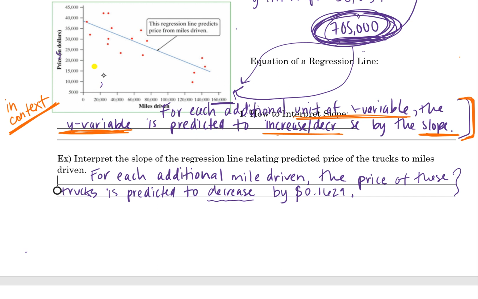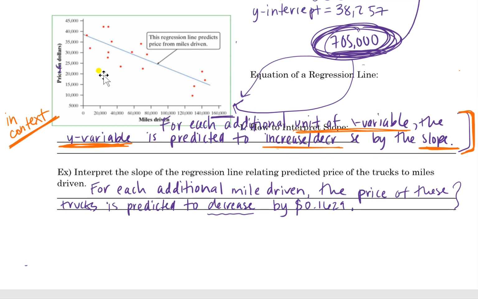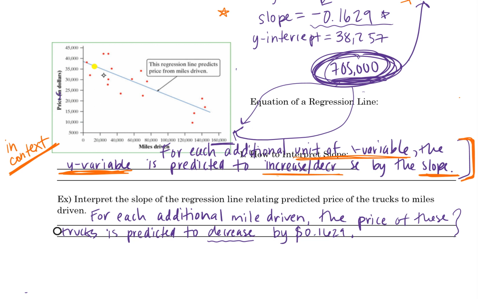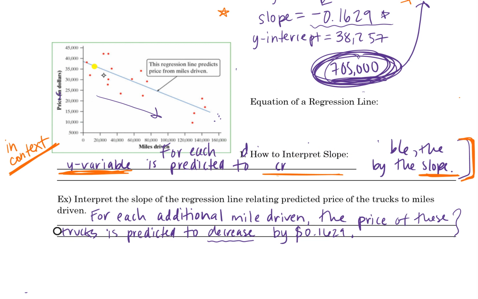So for example, if you look at the actual scatter plot itself, it's pretty linear. Most of these points are going downward at a pretty constant rate. But what I'm guessing is going to happen after this point is that the points are going to curve and stay kind of flat at the bottom, because eventually the trucks will be worth nothing.